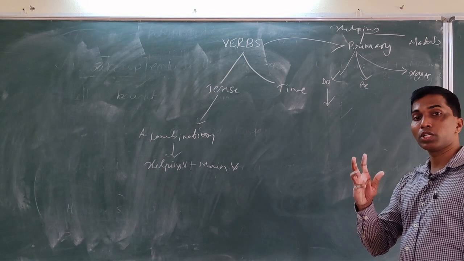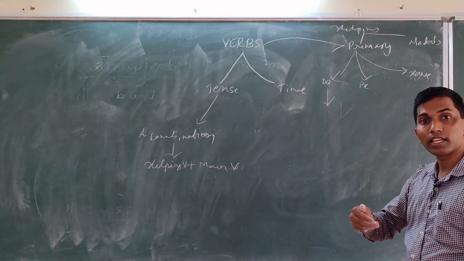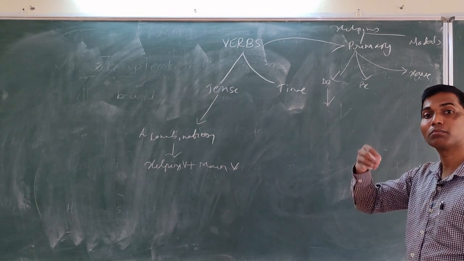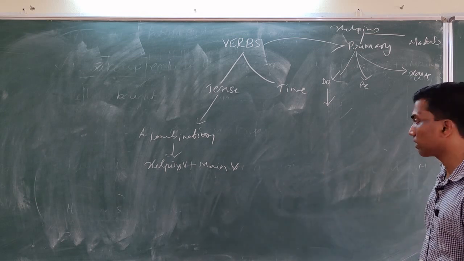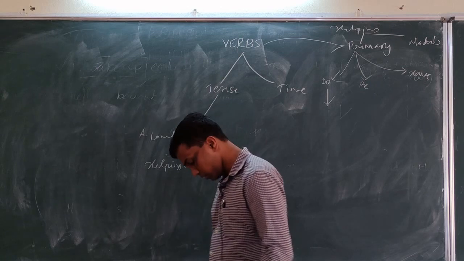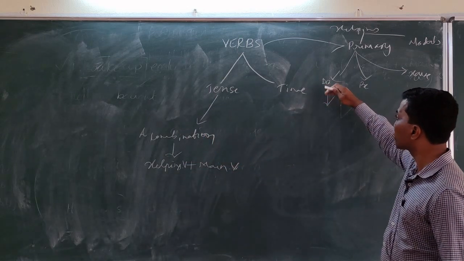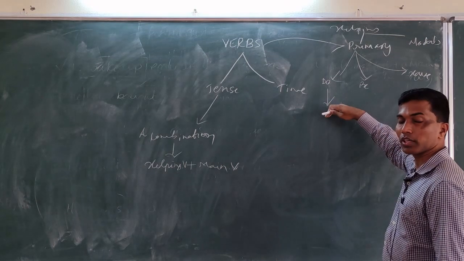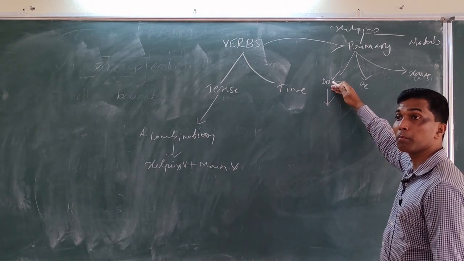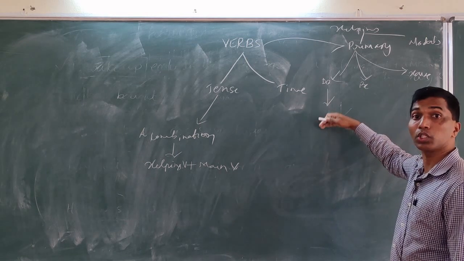Tense is a combination of a particular helping verb and next a particular form of a main verb. Look at how it has been changed. Helping verb and a main verb I have told you, but because a particular helping verb helps a main verb to form a particular tense, there is a particular helping verb.